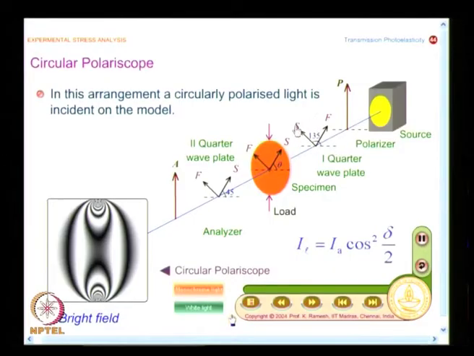We are not really concerned about whether I had kept the slow axis at 135 degrees or at 45 degrees for the first quarter wave plate, because when you look at the logical explanation, if I have this as a complementary arrangement, you get a plane polarized light when the model behaves like a full wave plate.